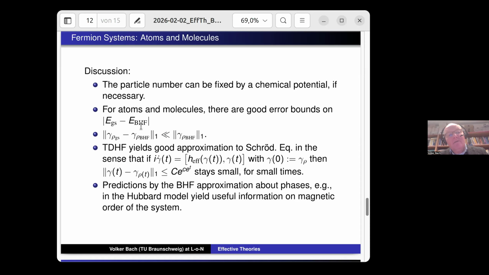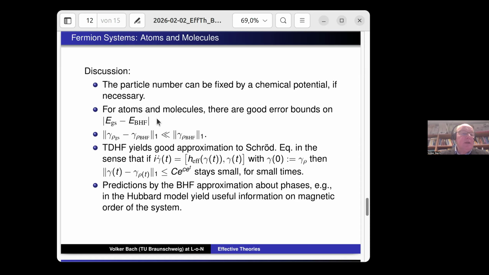Let me put it this way: all contributions to the ground state energy are accurately described by the Bogoliubov-Hartree-Fock energy up to small errors. That is, in fact, a result of myself from some 35 years ago.